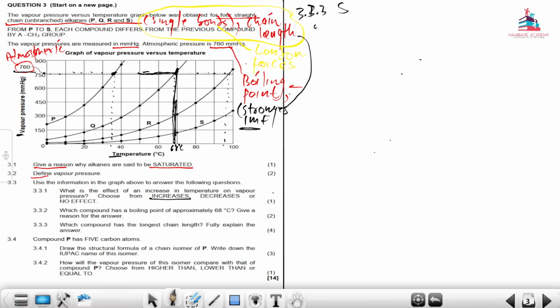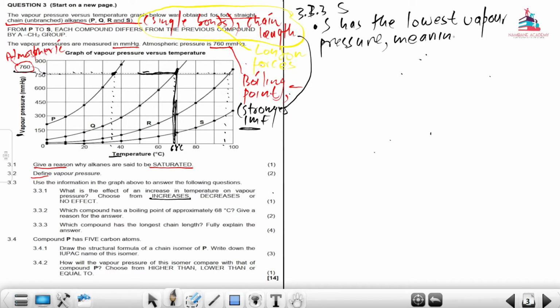The first one is: at a given temperature, S has the lowest vapor pressure, meaning higher boiling point.